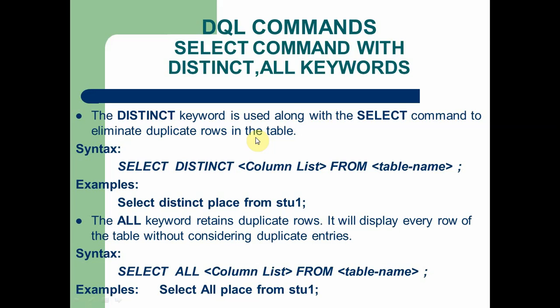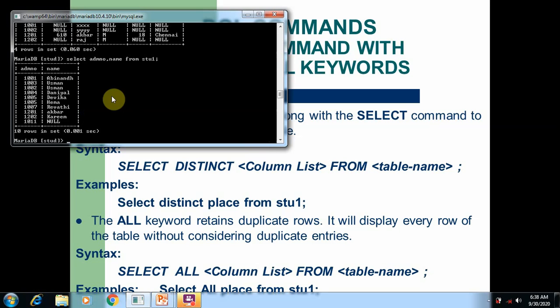It means on the screen you can see many data listed here. To view only the distinct data, that means without duplicate data, you can use the distinct keyword before the column name, by which you can see only the unique data from the particular column. For example, select name from student 1.